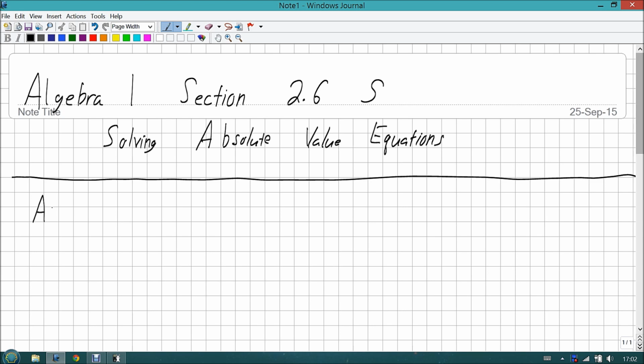An absolute value is the distance a number lies from 0.